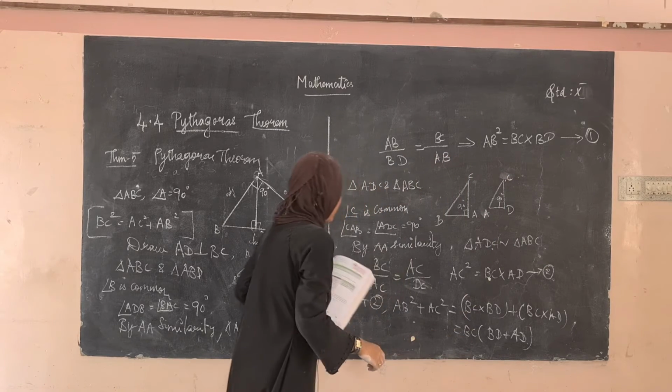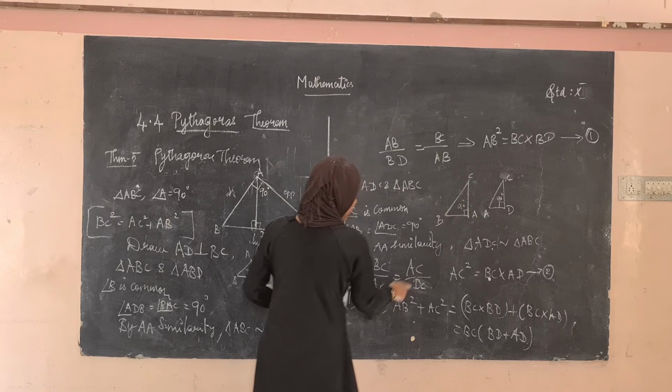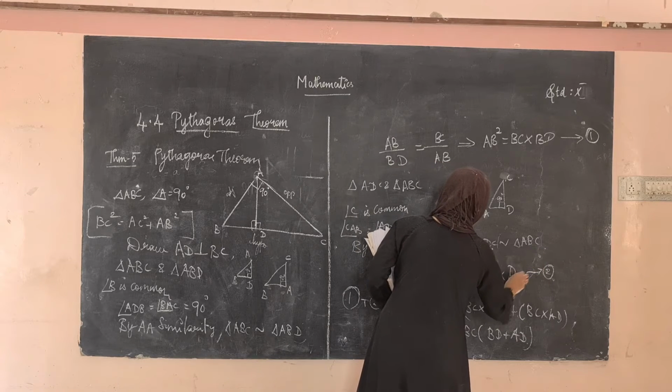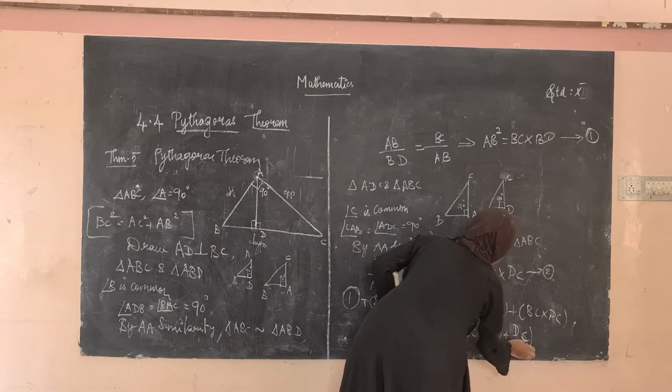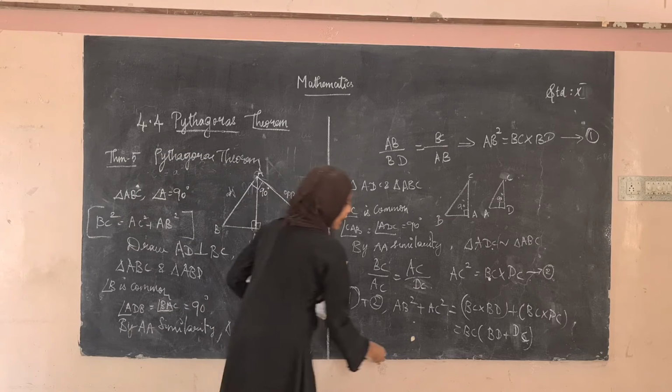BC divided by AC is equal to AC divided by DC. This is DC, sorry, not AD. So what is BD plus DC? BD plus DC is BC.